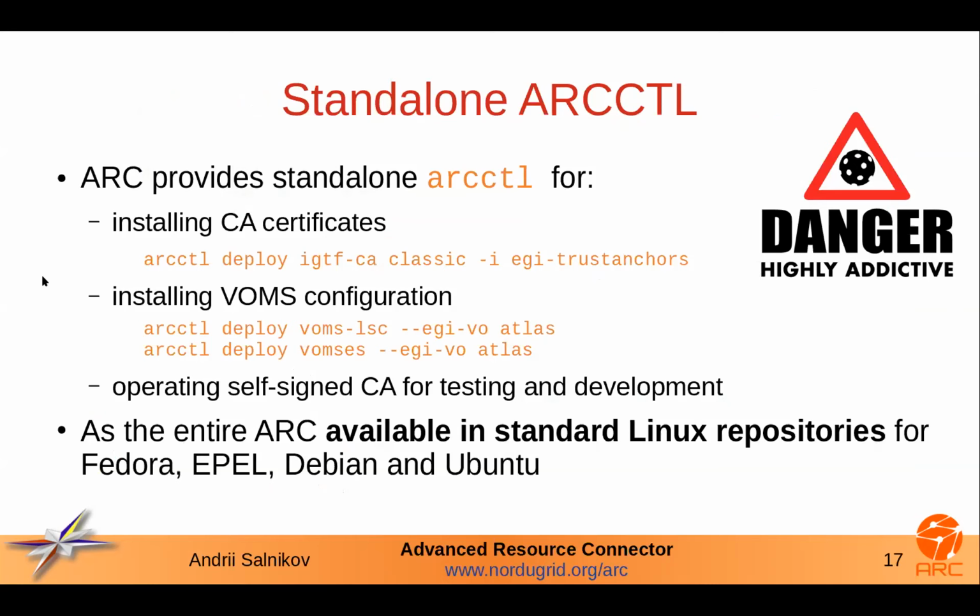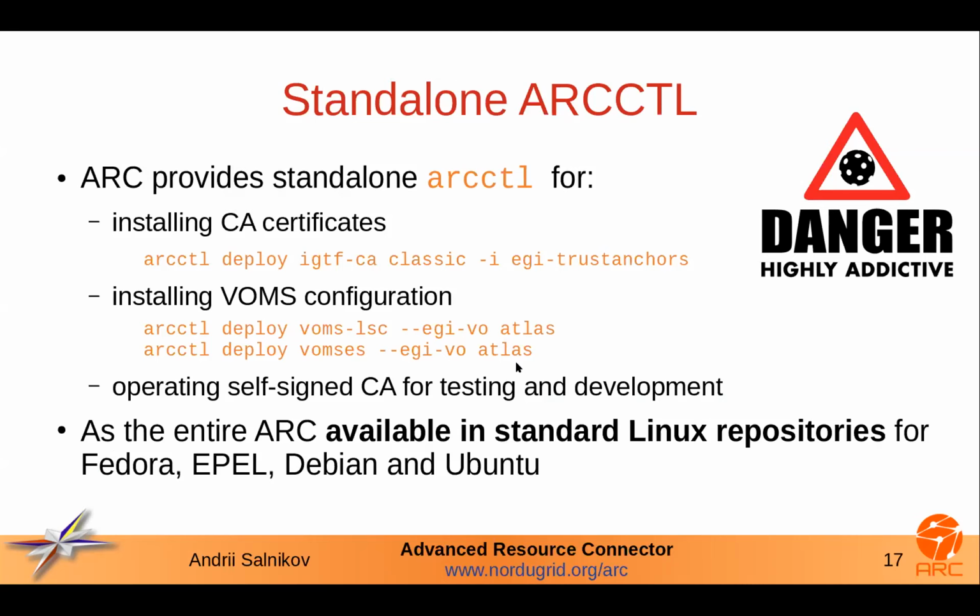And a few words about standalone arcctl. If you just want to use, for example, a client or set up any other services that are not part of the ARC computing element, you can use arcctl just to deploy the certificates or install VOMS configuration for both services and VOMSes.